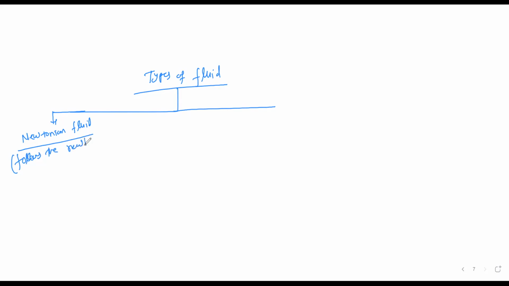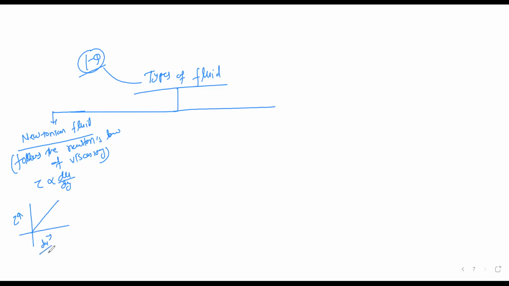Questions are asked from here in exams. Keep in mind, we will discuss all types of fluids: time dependent, time independent, non-Newtonian, everything. A fluid which follows Newton's law of viscosity is called a Newtonian fluid. So tau is directly proportional to du by dy, and if you make a diagram, being directly proportional, you get a straight line between the shear stress and the velocity gradient.